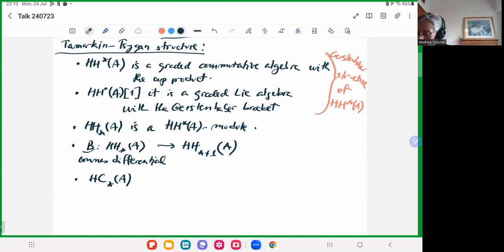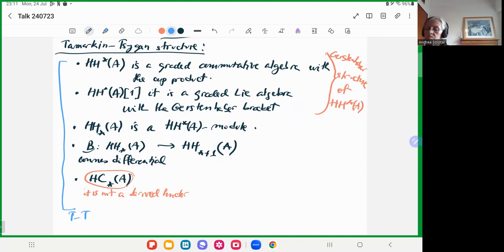But in particular, let me just mention that it is maybe more difficult to compute because it is not a derived functor, so it is not so easy to compute when we change resolutions. Well, all of this together is what is called the Tamarkin-Tsygan structure of the Hochschild homology and cohomology.